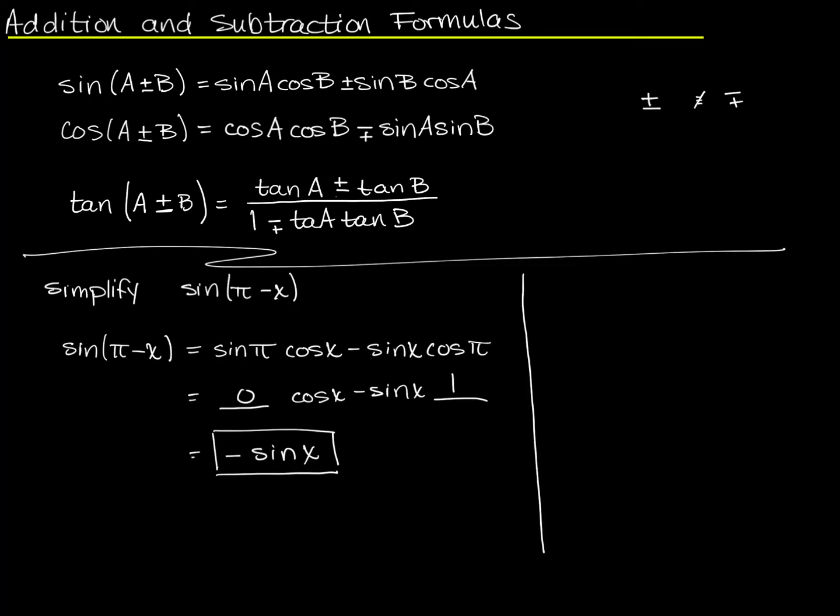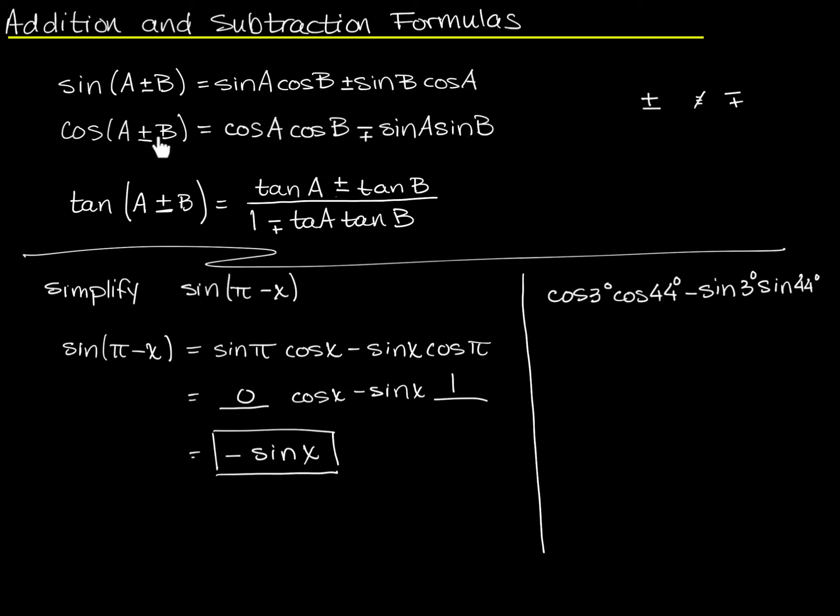Let's try a slightly different one. Let's do cosine of 3 degrees times the cosine of 44 degrees minus the sine of 3 degrees times the sine of 44 degrees. Now, first of all, you'd have to recognize that this is the right-hand side of my cosine formula.